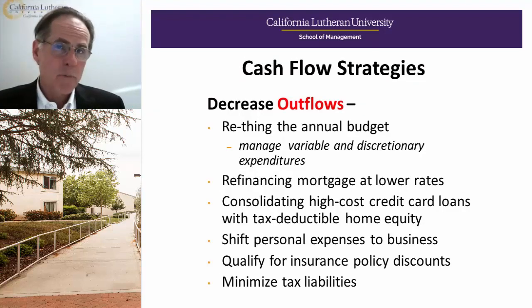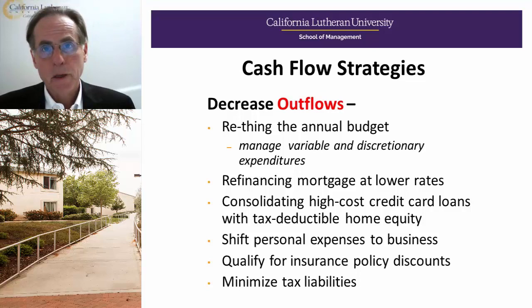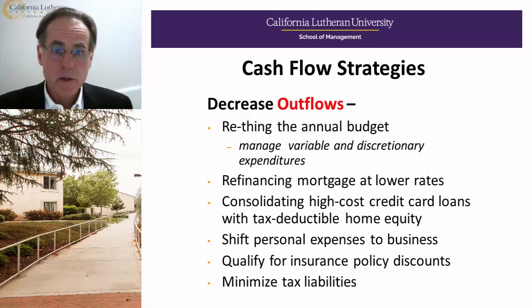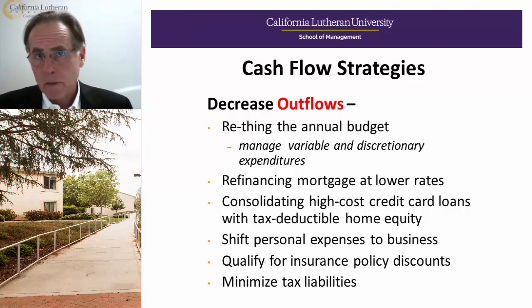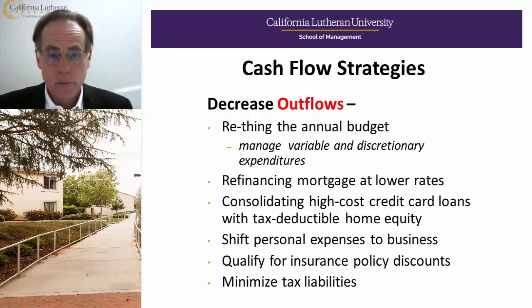Some of the strategies you might think about in improving your overall client cash flow situation by decreasing the cash outflows would be to rethink the annual budget. And this is a discussion you'll have to have with the client. A couple of the areas which tend to be wonderful areas to improve cash flow is managing variable and discretionary expenditures.